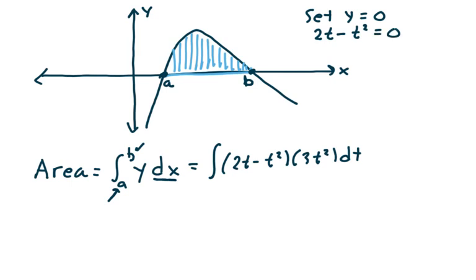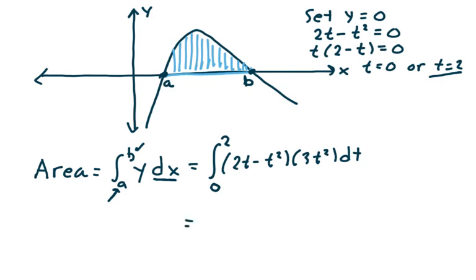So I'm going to set 2t minus t squared equal to 0. Factor out a t, and you get 2 minus t equals 0. So t is 0 or t is 2. So this a will correspond to t equals 0, and b will correspond to t equals 2. So I'm going from 0 up to 2.